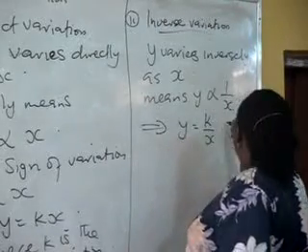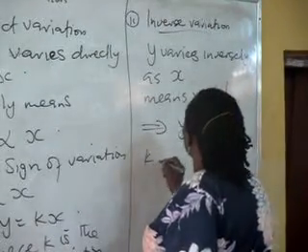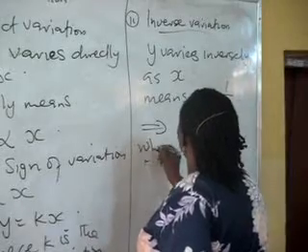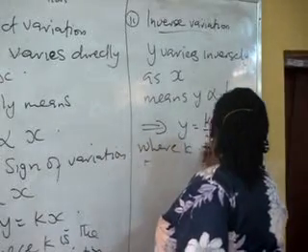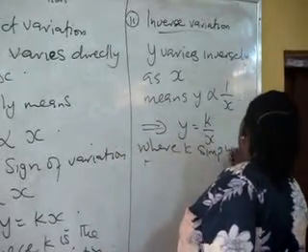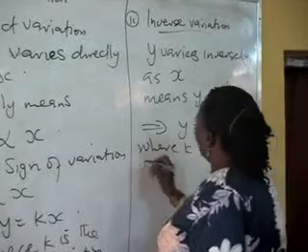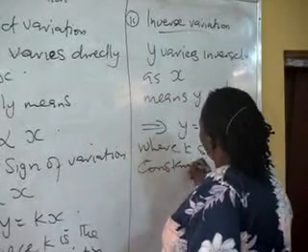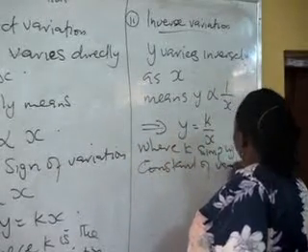And we know that k simply means the constant of variation.